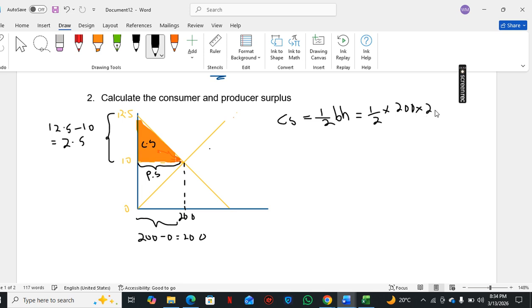Yes, those with calculators, what value do we get here? Hold on a second, I think it must get 125.